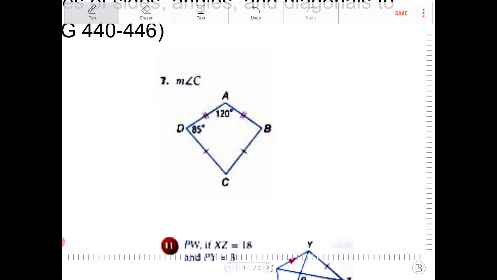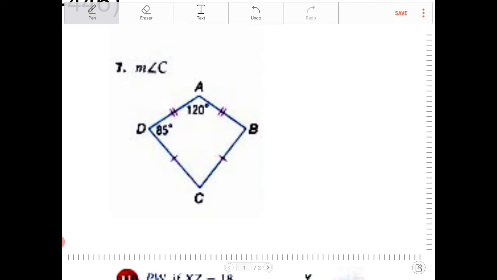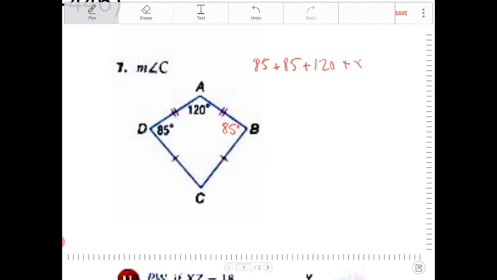Okay, so this is a kite where I have two pairs of adjacent sides that are congruent. So therefore, to find out what angle C is, this angle over here must be 85 degrees. And if that's the case, then I know that 85 plus 85 plus 120 plus x is equal to 360, considering that this is a quadrilateral, right?